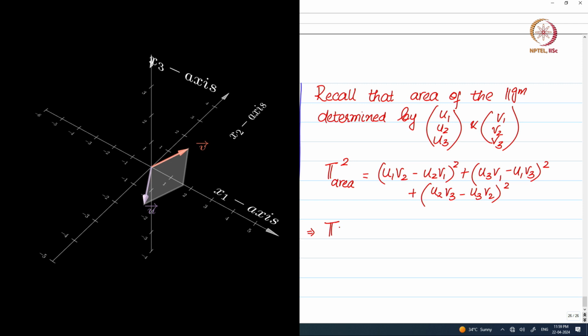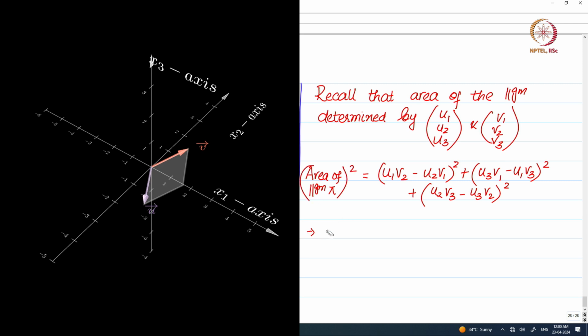So let me put it this way: the area of parallelogram pi, whole squared, is basically this.